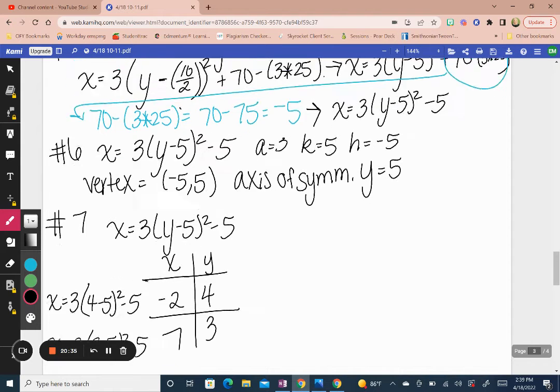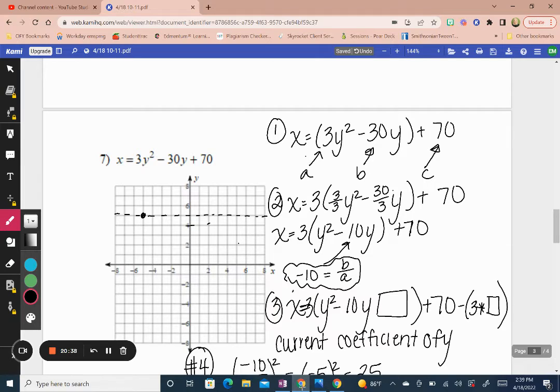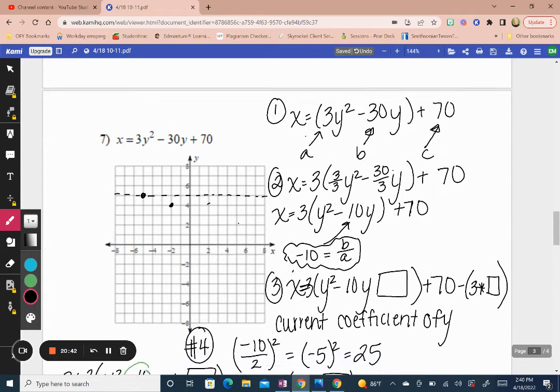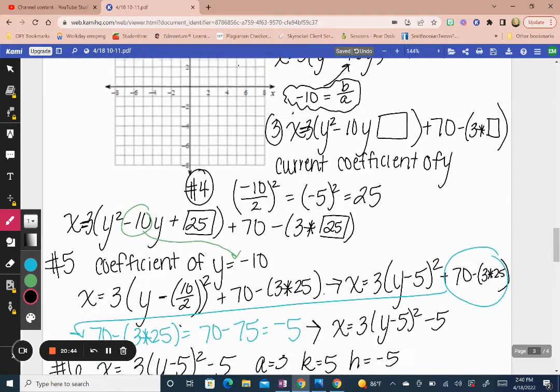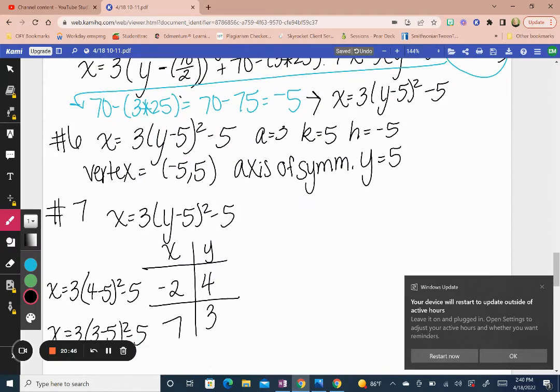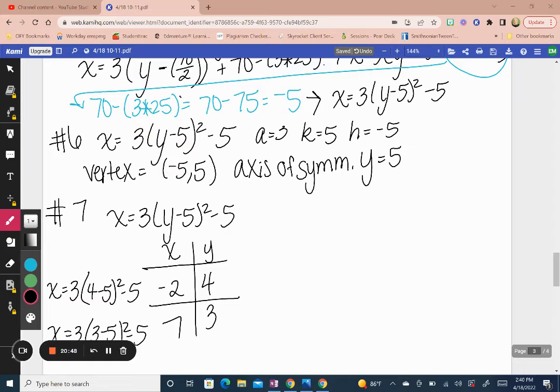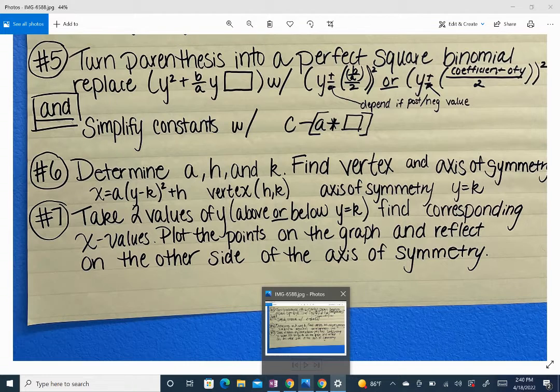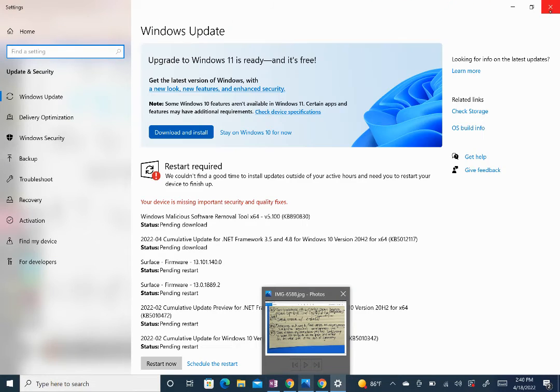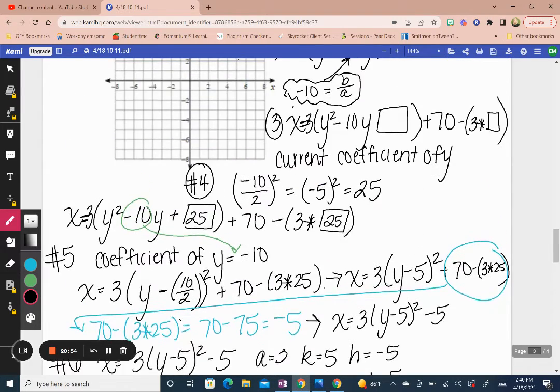So I'm going to plot a point at negative 2, 4. And then I'm going to plot my other point at 7, 3. I don't need to know about the update for Windows. 7, 3.